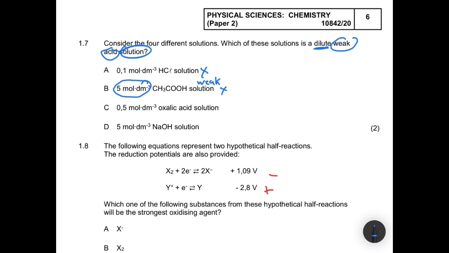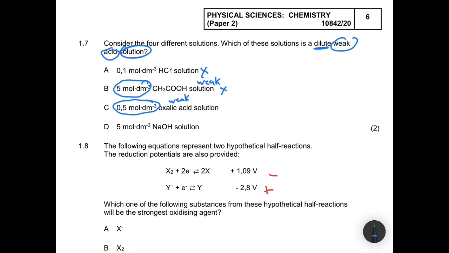Now let's look at option C. In option C, we have oxalic acid. It satisfies the criteria of weak; we know that it's a weak acid. And then let's look at whether it's dilute or not. 0.5 mole per decimeter cube.